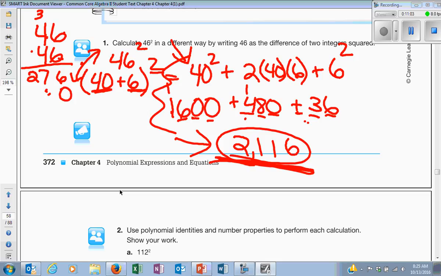I want to see that you understand this concept. It's not about the answer, it's about the concept. Because I know that you can just put 46 times 46 in your calculator. I am confident that every one of you can do that. Well, 98% of you can do that. There are some of you that will just find a way to make a mistake. I've seen your tests.